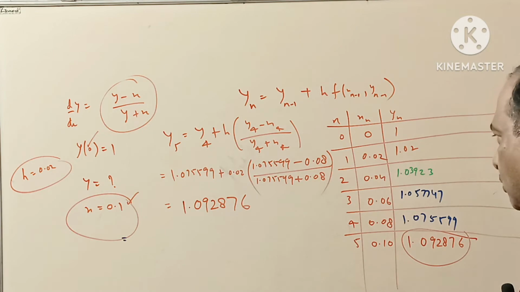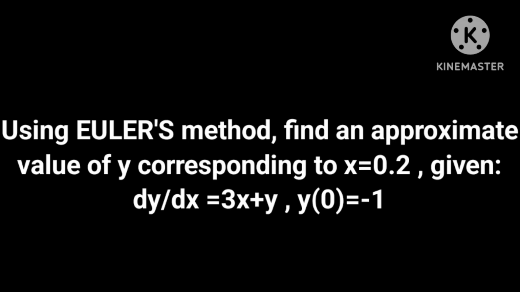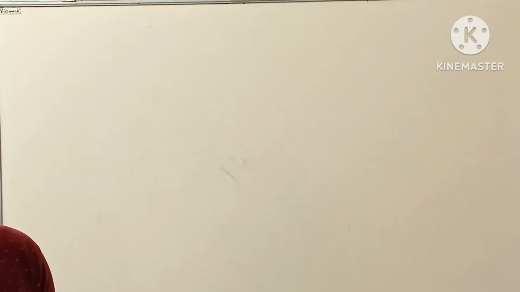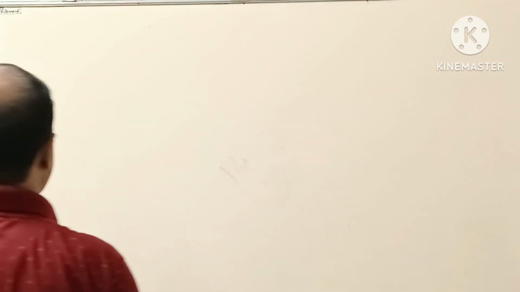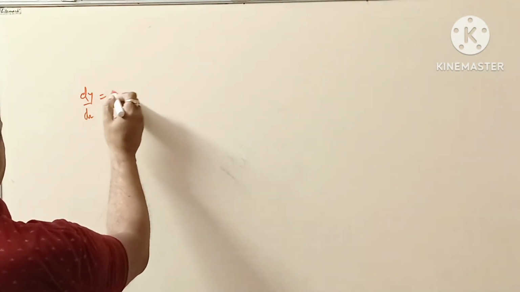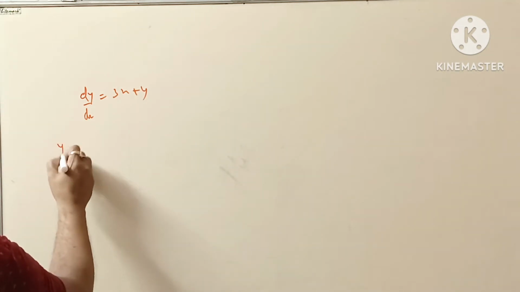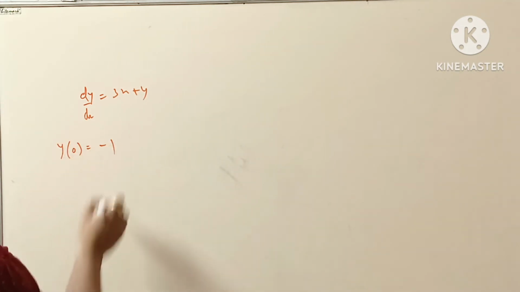Okay. Now just do one more question of Euler's method. Students, we are now here to start another question with the help of Euler's method. In this problem we are given dy/dx equals 3x plus y. We are given y0 equals minus 1.